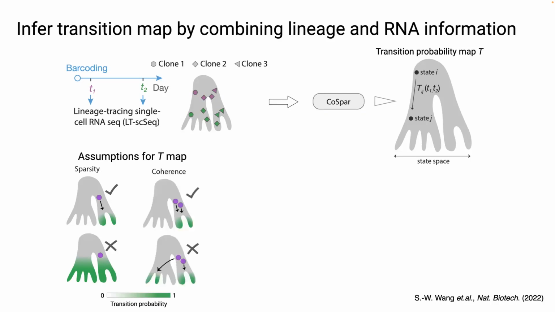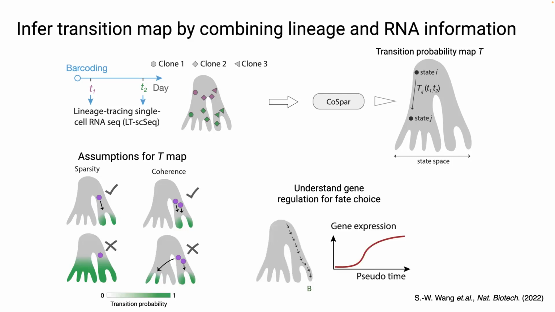The second one is coherence, meaning that if 2 cells are very similar in their early stage, they will also have very similar fate outcomes at a later time point. So combining the clonal data, which has about 1,000 different clones, and these 2 assumptions, CoSpar is able to identify the transition probability matrix and use that to identify the trajectory that a cell will take to eventually give rise to a given cell type. And you can also study how gene expression changes along this trajectory.